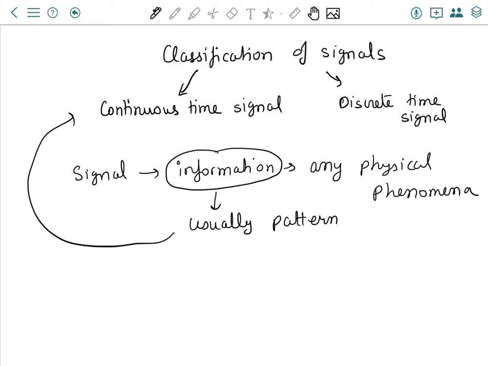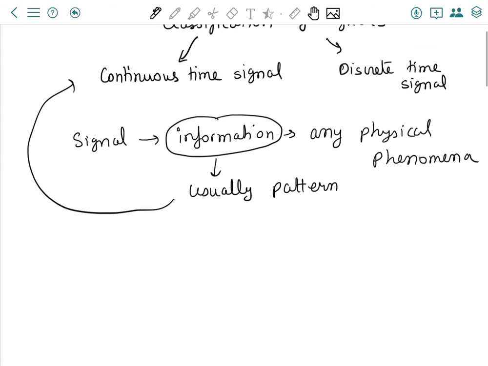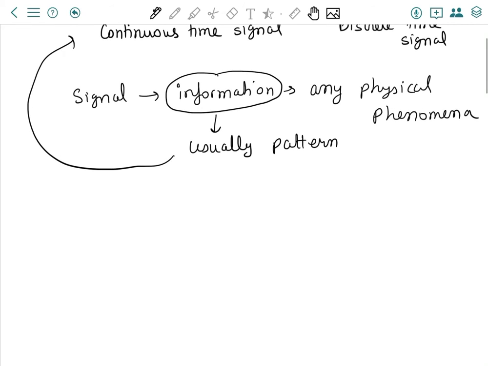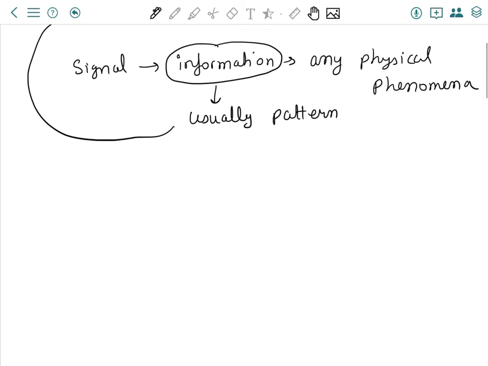So we'll study that pattern and put it in continuous time signals or discrete time signals depending upon their nature. So what is that nature? Let's dig in more about the nature of these signals. As it is self explanatory from their names, a continuous time signal is continuous in time, and a discrete time signal is discrete in time.